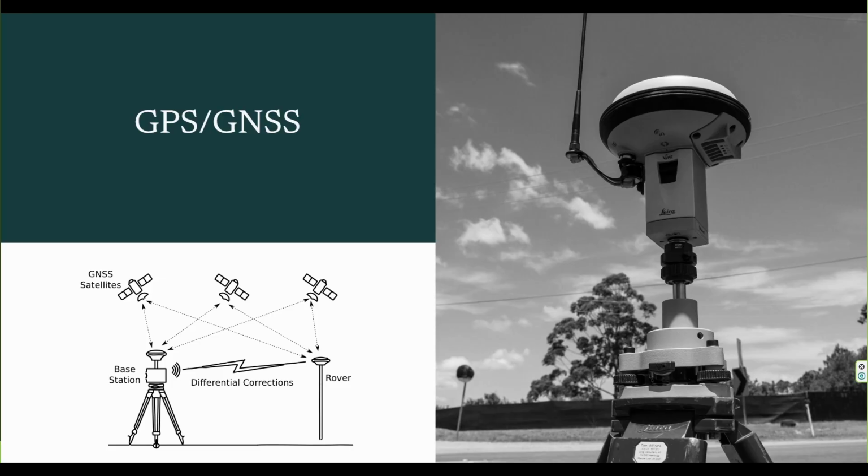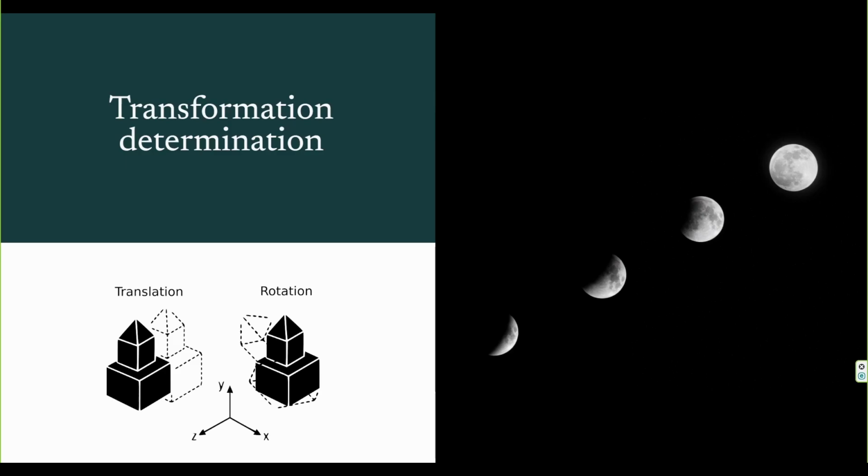Finishing with GNSS, we are passing to transformation determination. Here we have the transformation, which normally includes translation and rotation, sometimes also a scale factor. Basically we can imagine that we have a set of points in the first epoch and a set of points, the same points, in another epoch, which was translated and rotated, and we would like to know the parameters of that transformation.